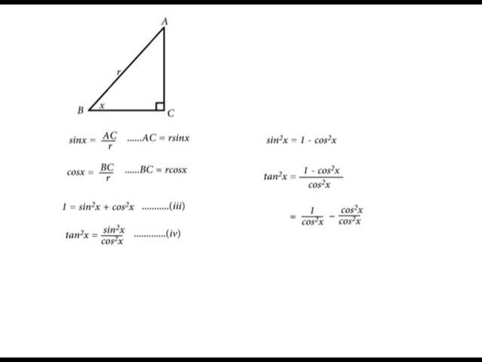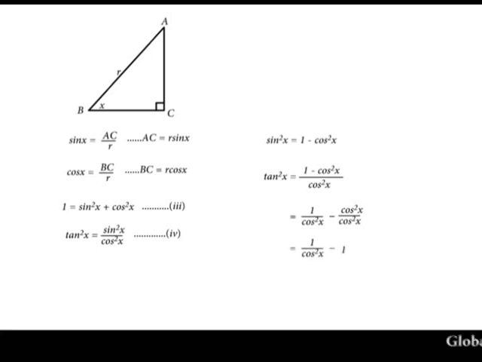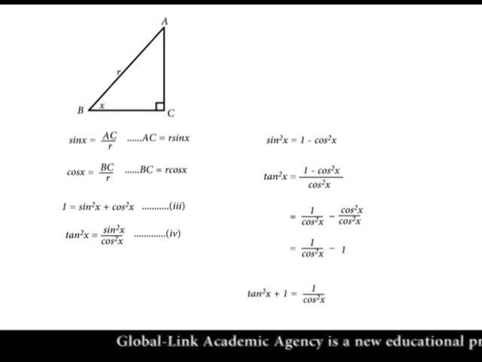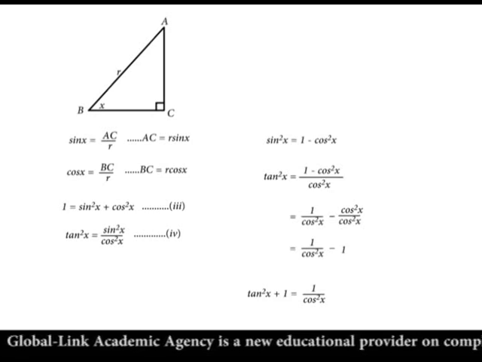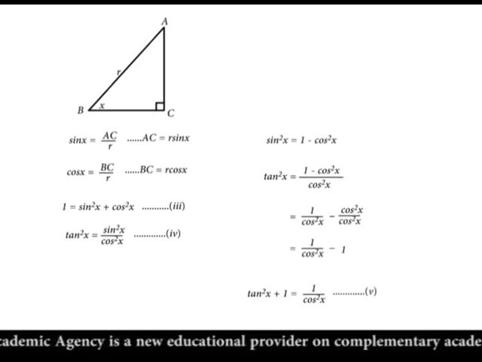And so we shall have tan squared X is equal to 1 over cos squared X minus 1. If we bring 1 to the left hand side, we shall have tan squared X plus 1 is equal to 1 over cos squared X.